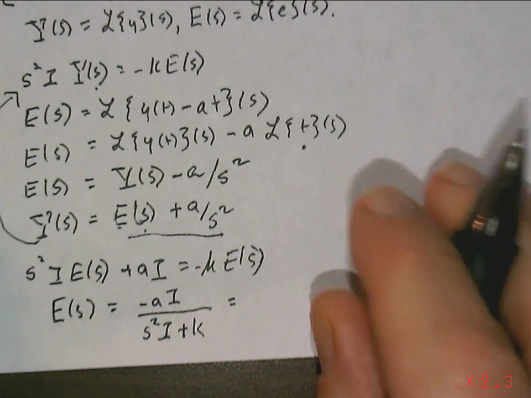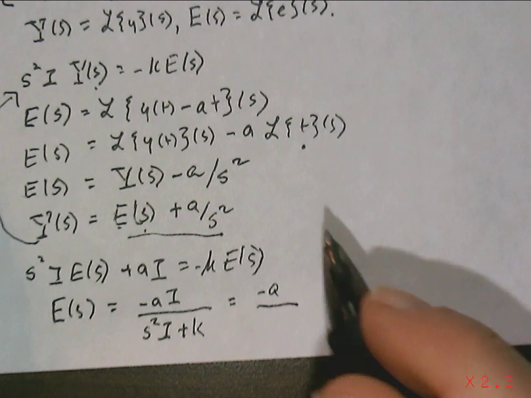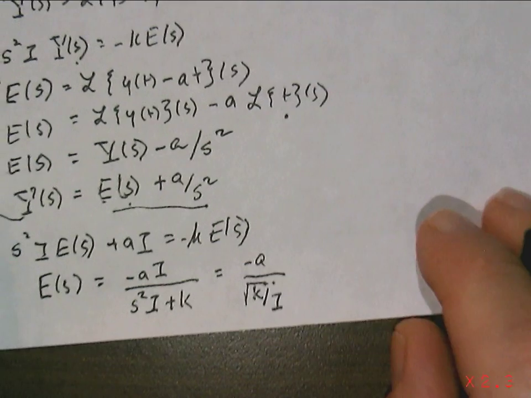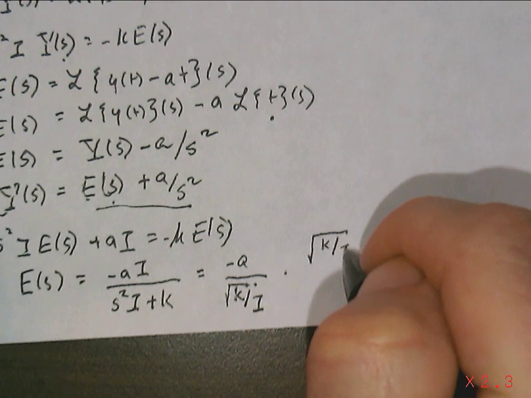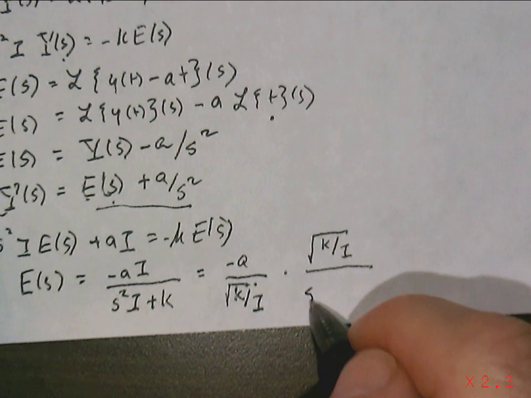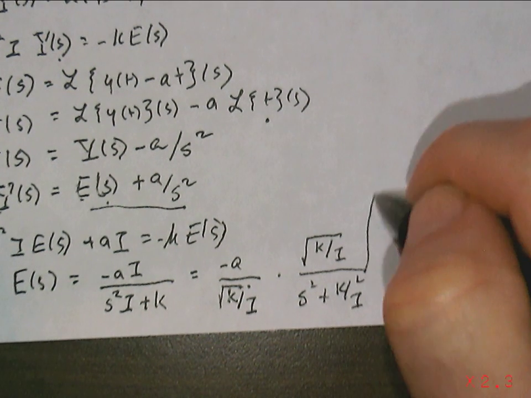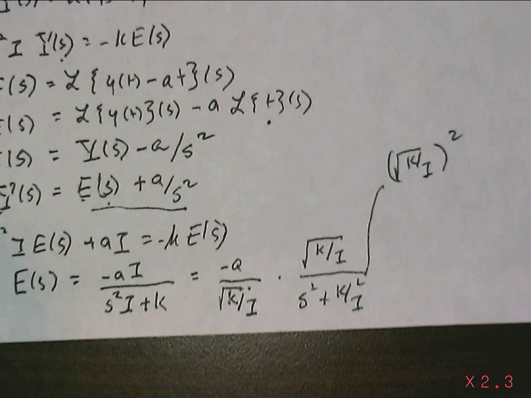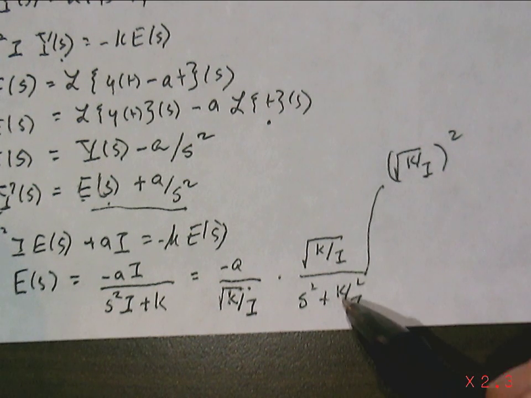Trying to get this in a form for which we can do the inverse Laplace transform, you can show this is the same thing as minus a over the square root of k divided by the moment of inertia, times, in the numerator, the square root of k over I, over s squared plus k over I. Noticing that this term is really the square root of k over I quantity squared, you can see from the Laplace transform table that this looks almost perfectly like the sine function.